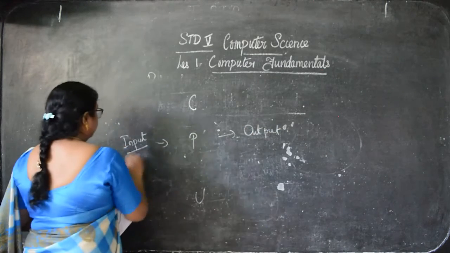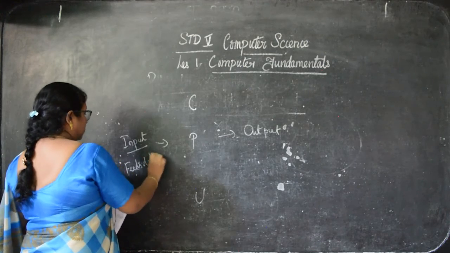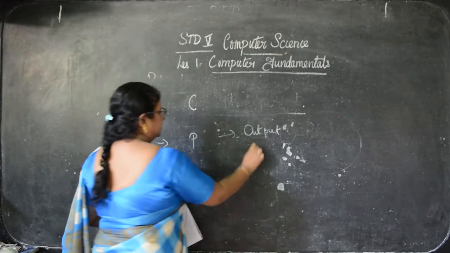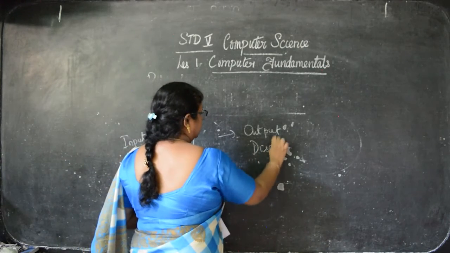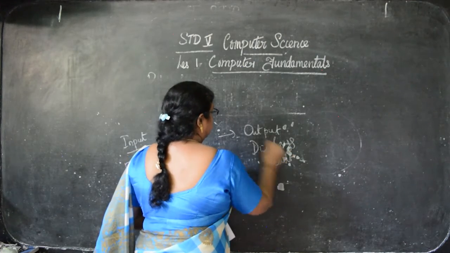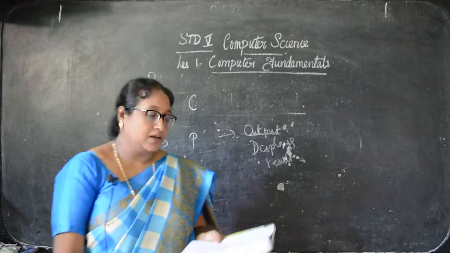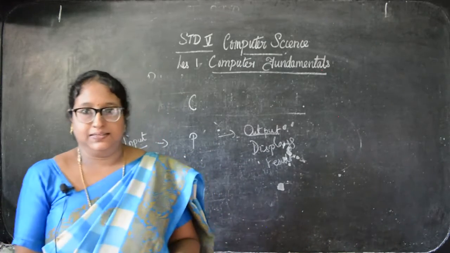That is, input feeds the data, and the output displays, that is, shows the results. So that is input and output. Input feeds the data and the output displays the result.